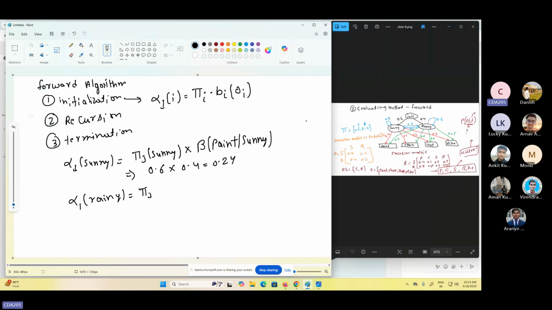That is pi 1 rainy into B of paint given rainy. So it will be 0.4 into 0.3. It will be 0.12.